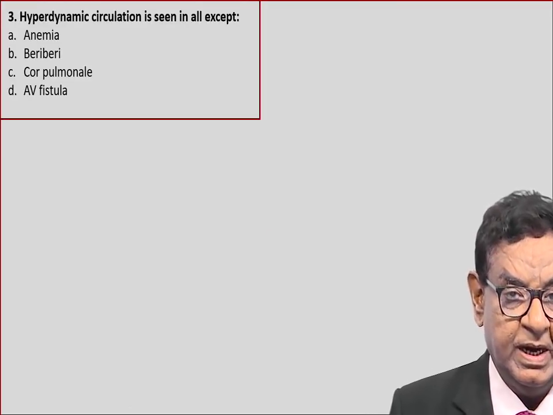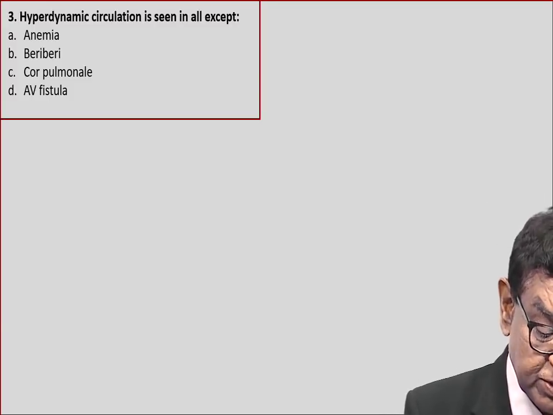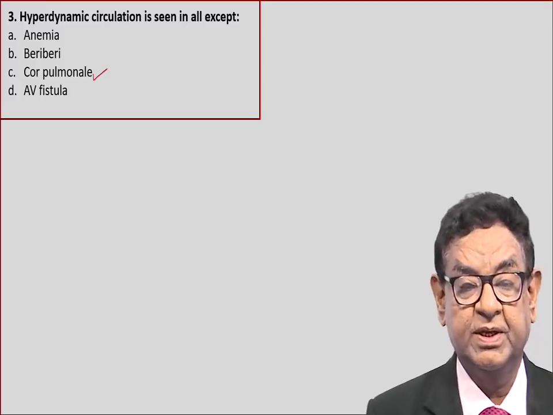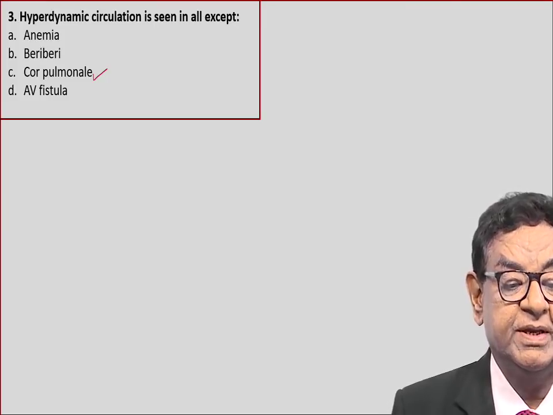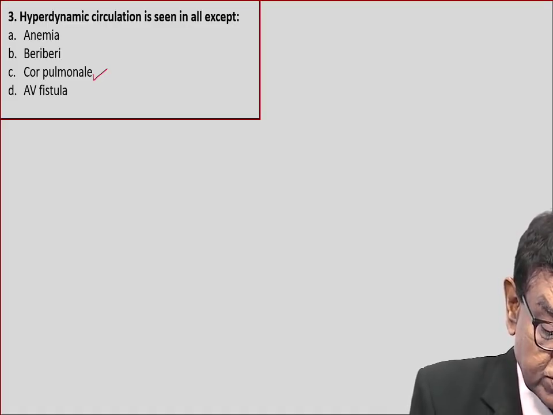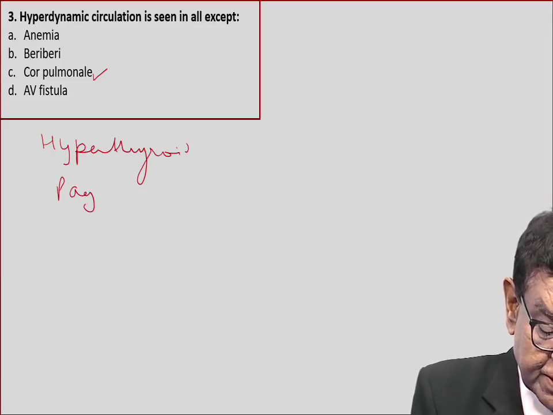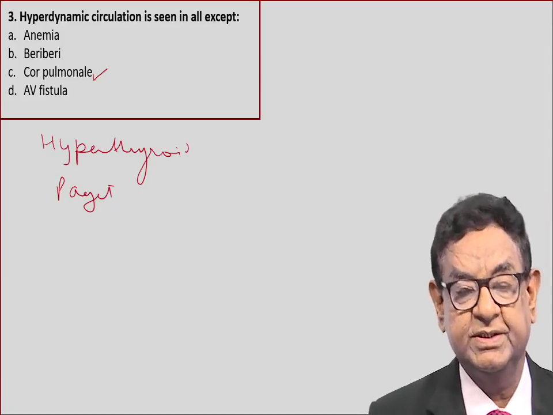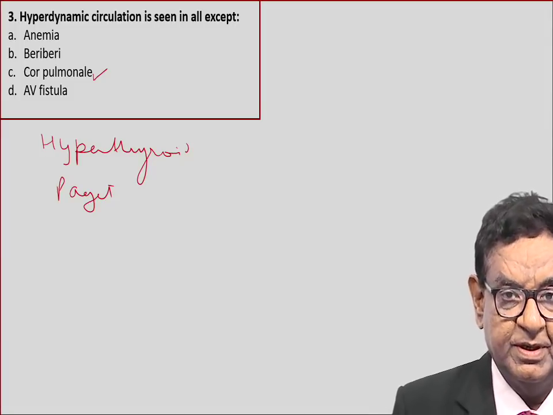Question number 3. Hyperdynamic circulation is seen in all except. The answer of this question is cor pulmonale, because in conditions like anemia, beriberi, AV fistula, and in addition to this, also in hyperthyroidism and Paget disease, in all these cases we have hyperdynamic circulation.